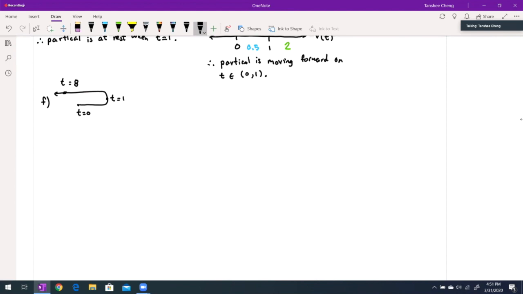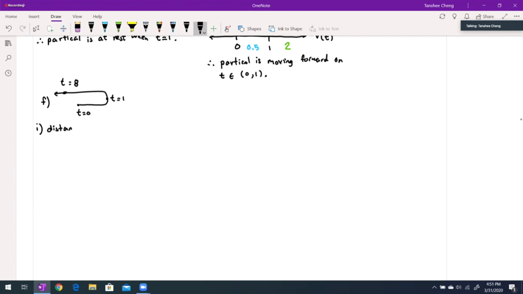First, I need to find the distance from time 0 to 1, and then the distance from 1 second to 8 seconds. Then adding those 2 together will give me the total distance. Follow so far?